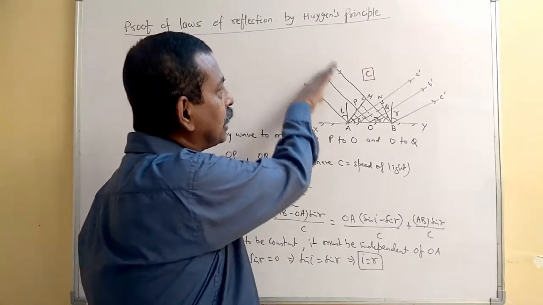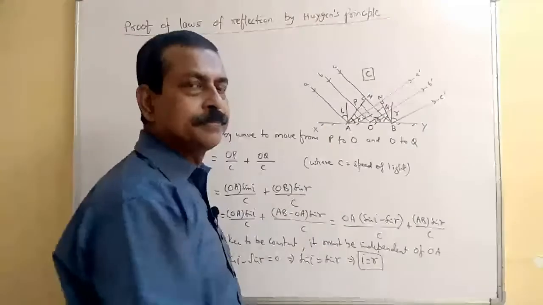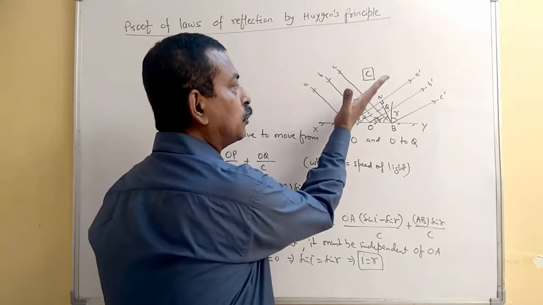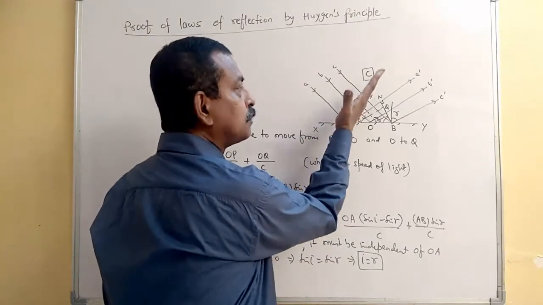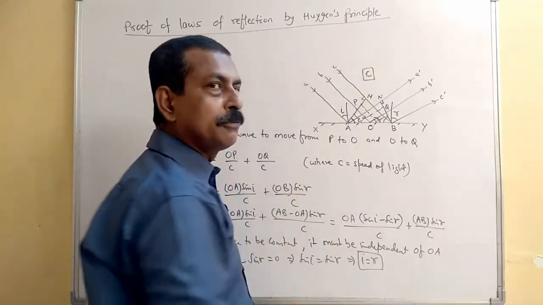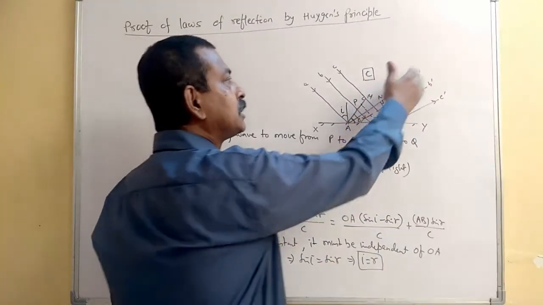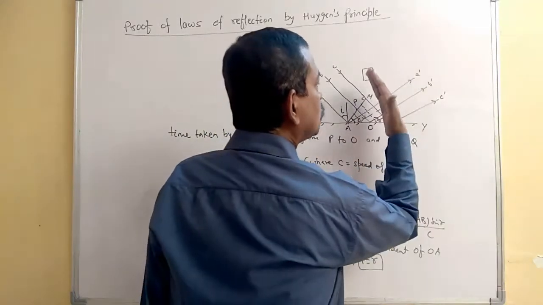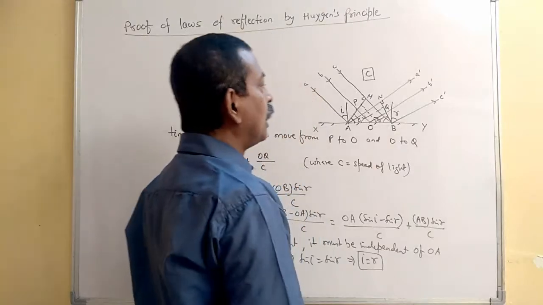If these are the incident rays, then the incident wavefront will be a plane perpendicular to this. So this is your incident wavefront. Similarly, this is your reflected wavefront. So these are reflected rays, this is your reflected wavefront, and this is the normal.